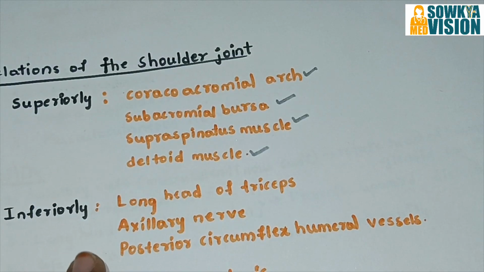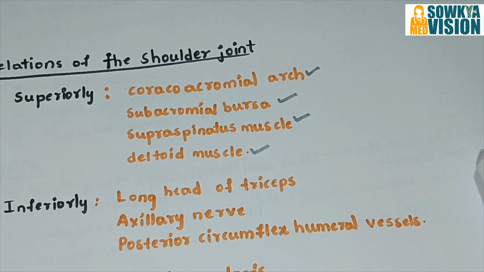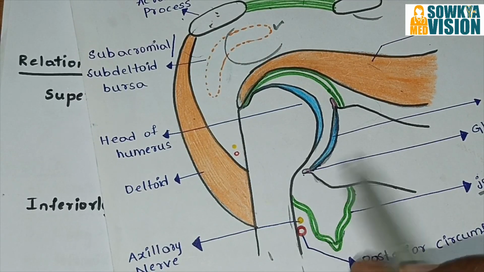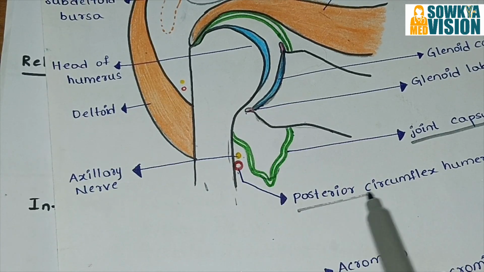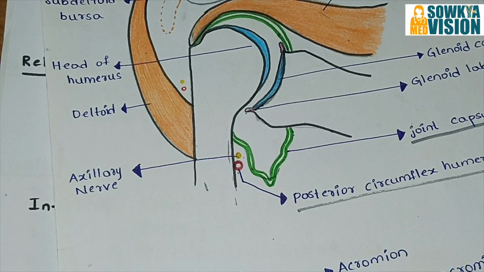And inferiorly it contains the long head of triceps, axillary nerve, and posterior circumflex humeral vessels. See, this is the axillary nerve and this is the posterior circumflex humeral artery. These are the structures present at the inferior aspect of the shoulder joint.